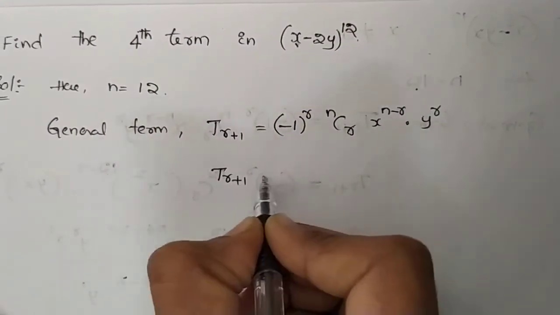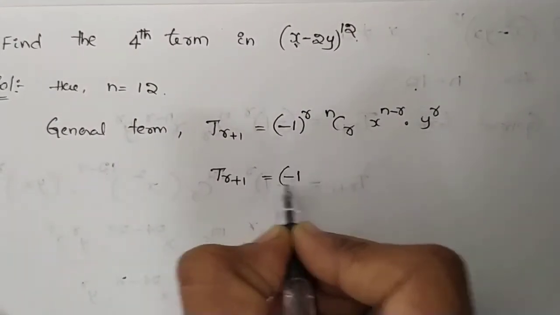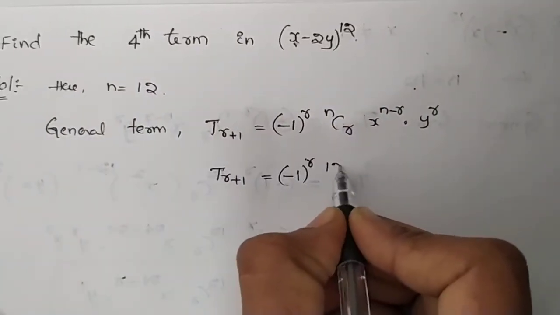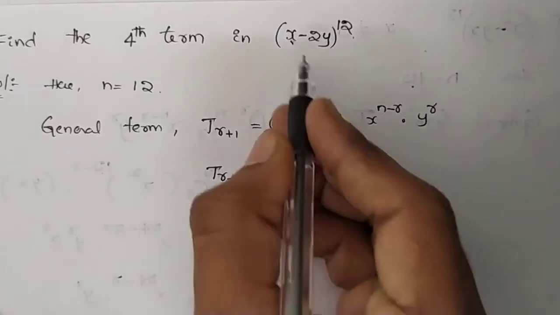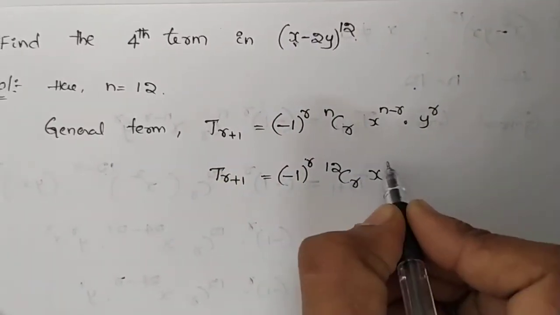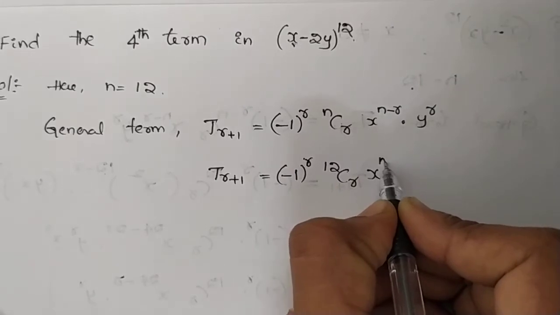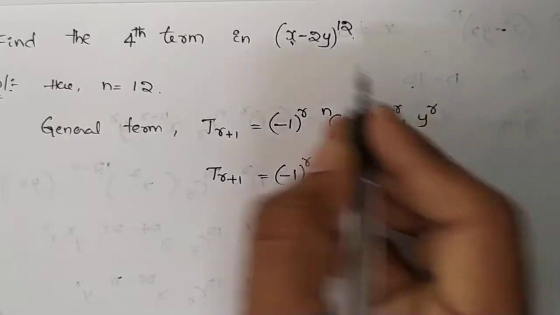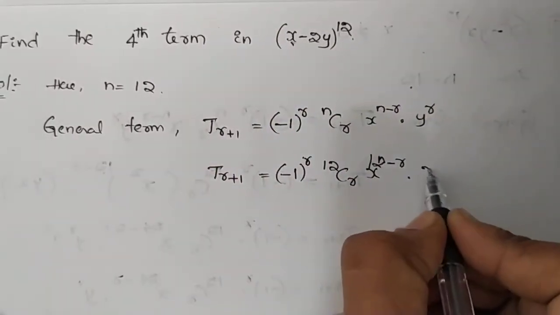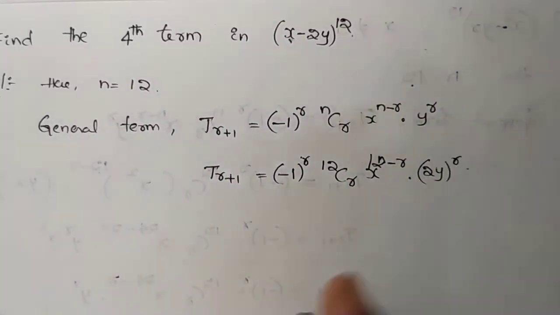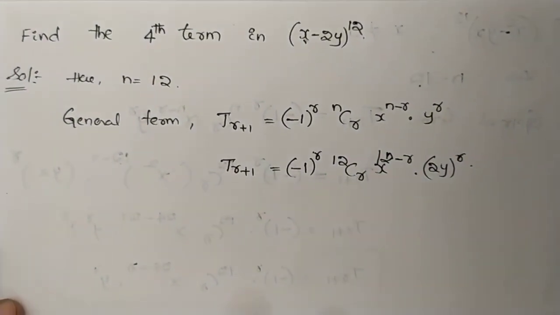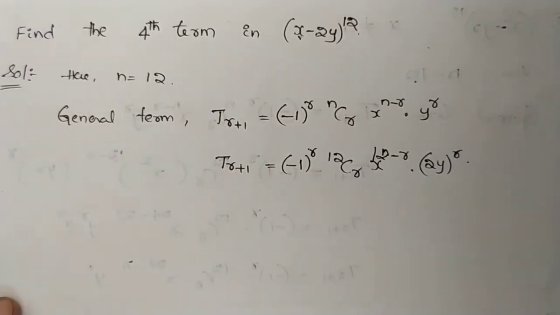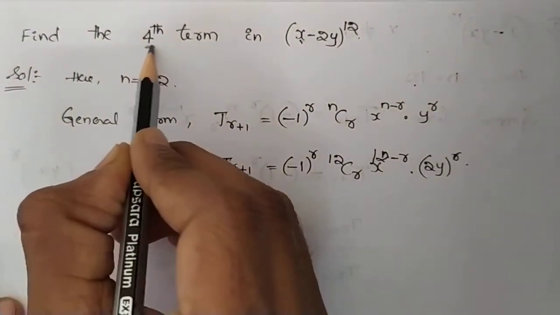General term T(r+1) equals (minus 1) whole power r, in place of n we have 12Cr, in place of x we have x itself, x power 12 minus r, and in place of y we have (2y) whole power r. It is the general term. We have to find its fourth term.